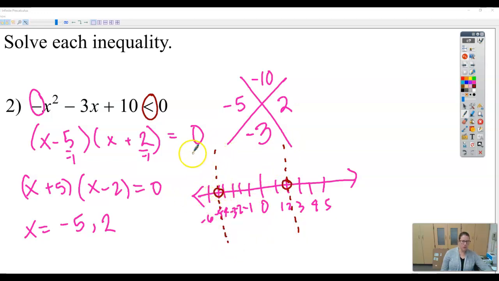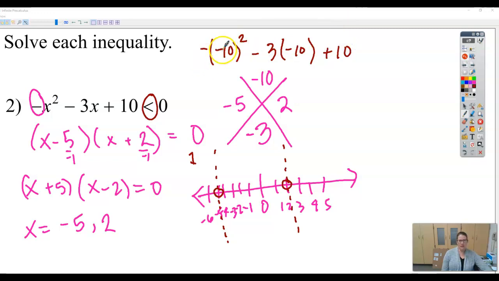So the first one, interval 1, the value that I choose has to be less than -5. So I could do -6 or -7 or -10. Let's actually do -10. So I already have a negative here, and I'm plugging in -10 for x. So it would be negative and then -10 squared, minus 3 times -10 plus 10.